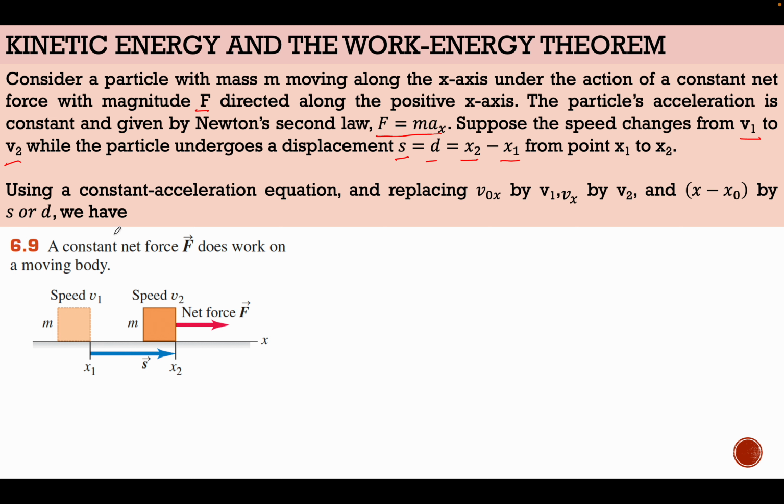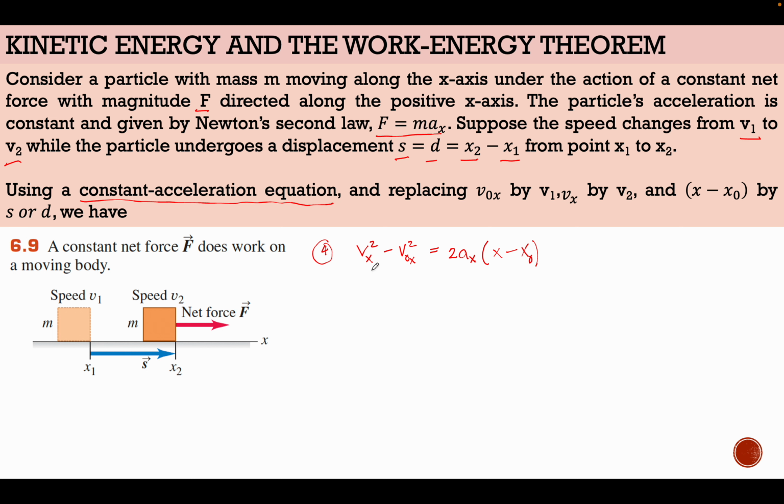We will be using a constant acceleration equation: v sub x squared minus v sub ox squared is equal to 2 times a sub x times (x minus x sub o). This is the fourth equation of the kinematic equations along the x-axis.